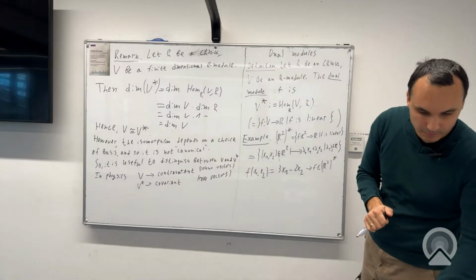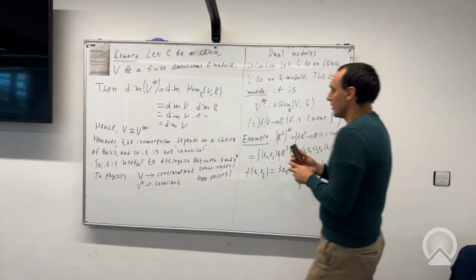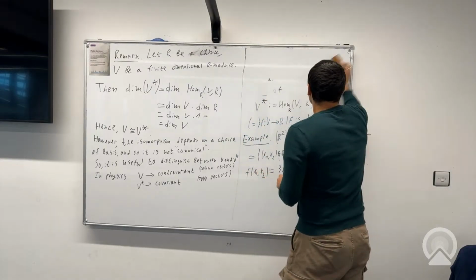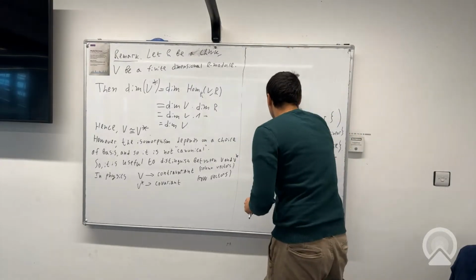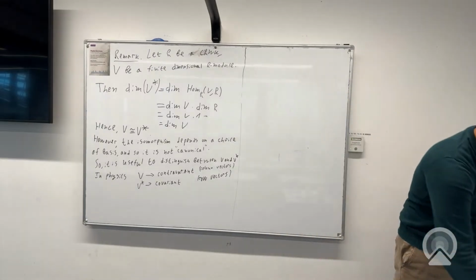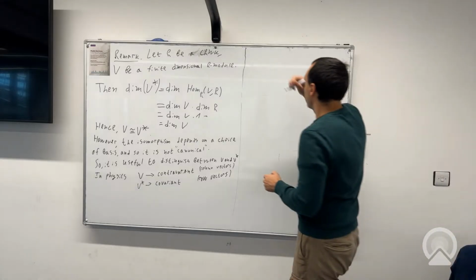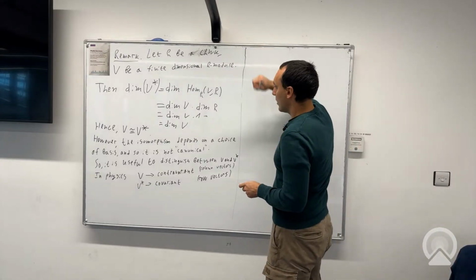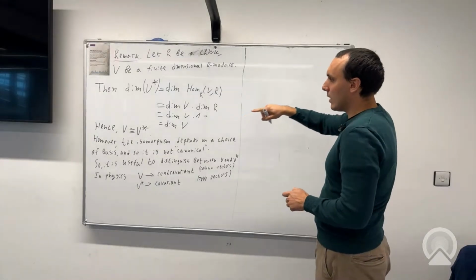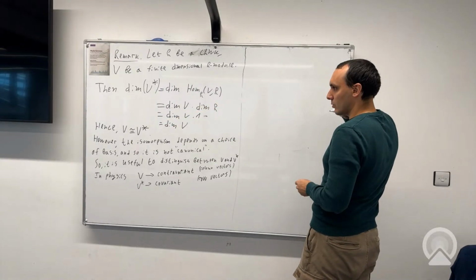Now, if we choose a basis of V, we can get a basis of V star, which is called the dual basis.